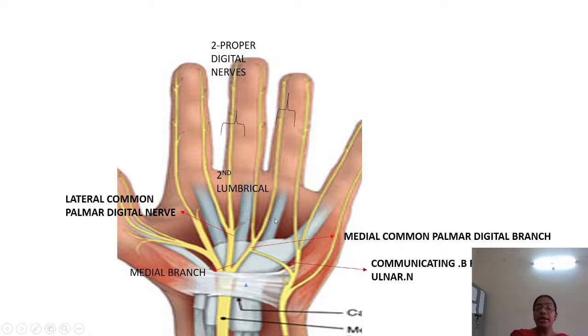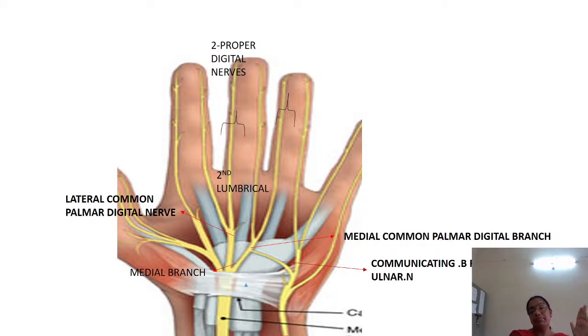The medial common palmar digital nerve receives a communicating branch from the ulnar nerve and divides into two proper palmar digital nerves, which supply the adjacent sides of the middle and ring finger. This means the median nerve supplies only up to your 3.5 fingers.